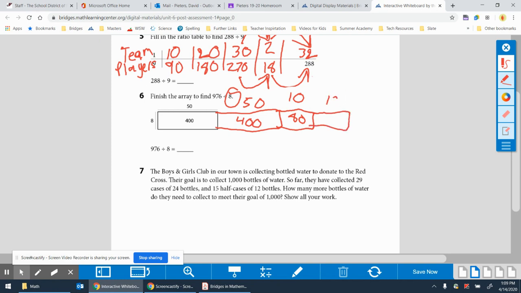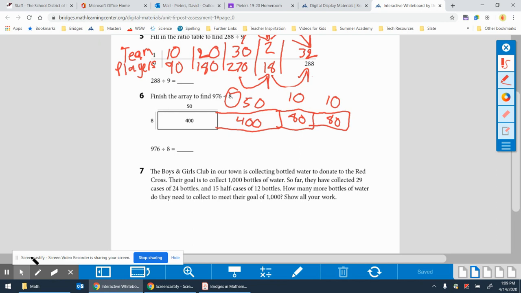That top side, let's check. 10 times 8 is another 80. 80 plus 80 is 160. 400 plus 400 is 800. When you put that together, we're at 960 so far. So we're at 960, and our target number is 976. That means we're only 16 away.